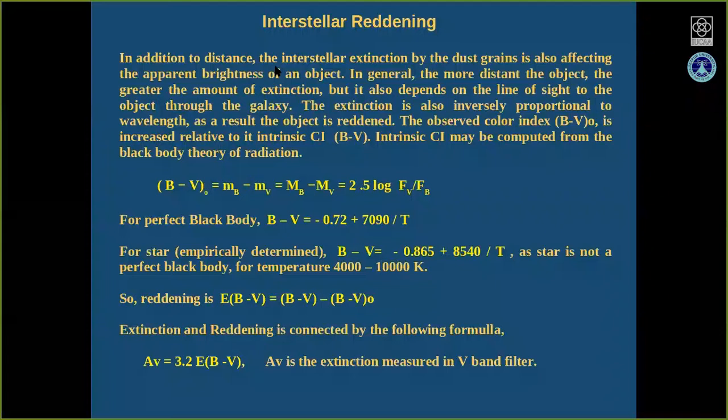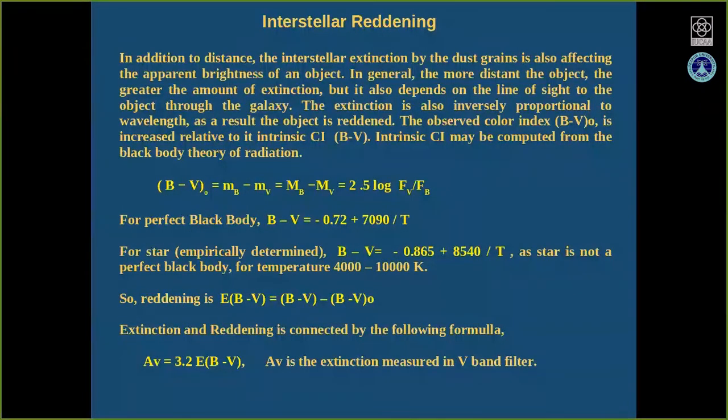There is a distance dependency, right? In addition to distance, the interstellar extinction by dust grains is also affecting the apparent brightness of an object.